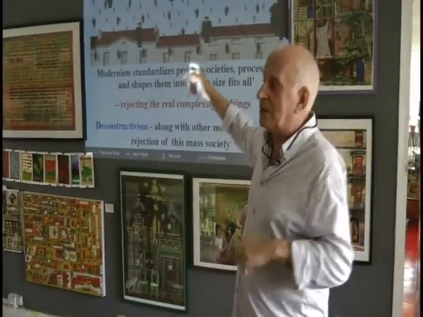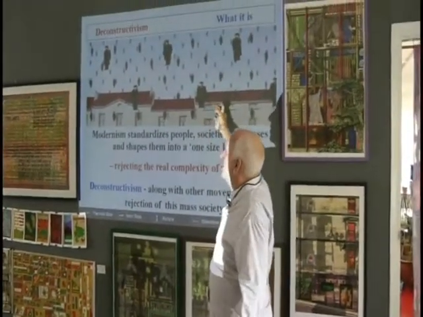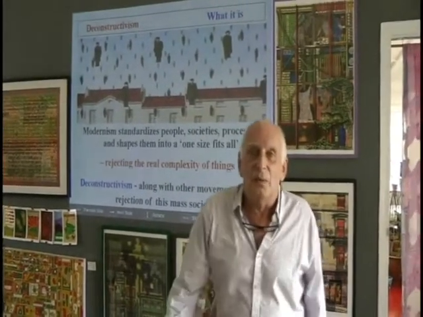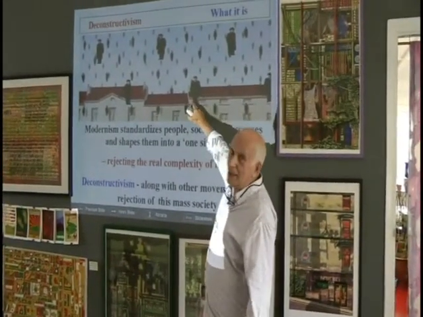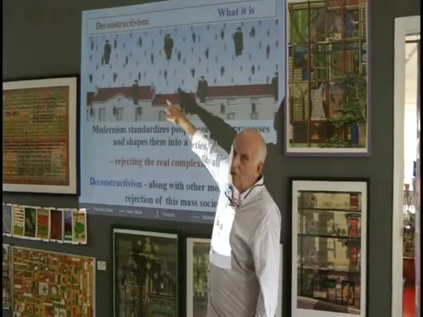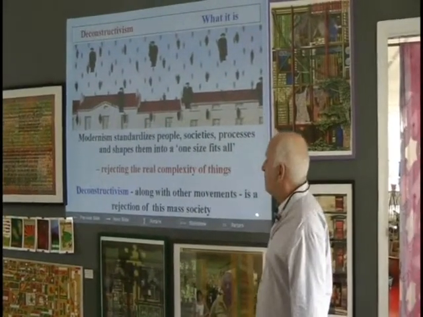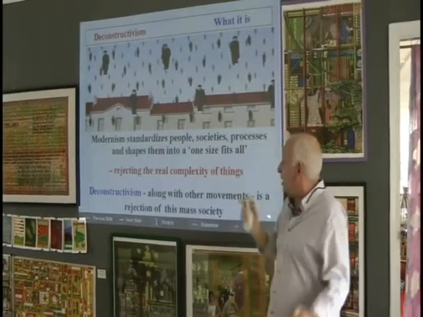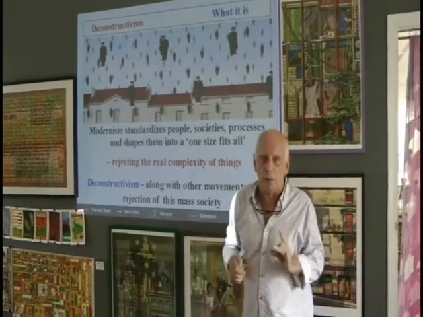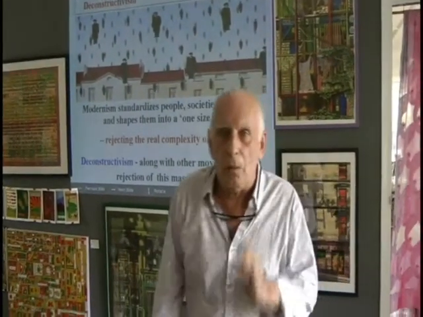So what we have here is René Magritte, the surrealist painter, with this kind of joke of the world raining down standardized office workers. Okay? So, modernism standardizes people in society and shapes them into a one-size-fits-all. Right? That one size is determined by functionalism, by analysis.